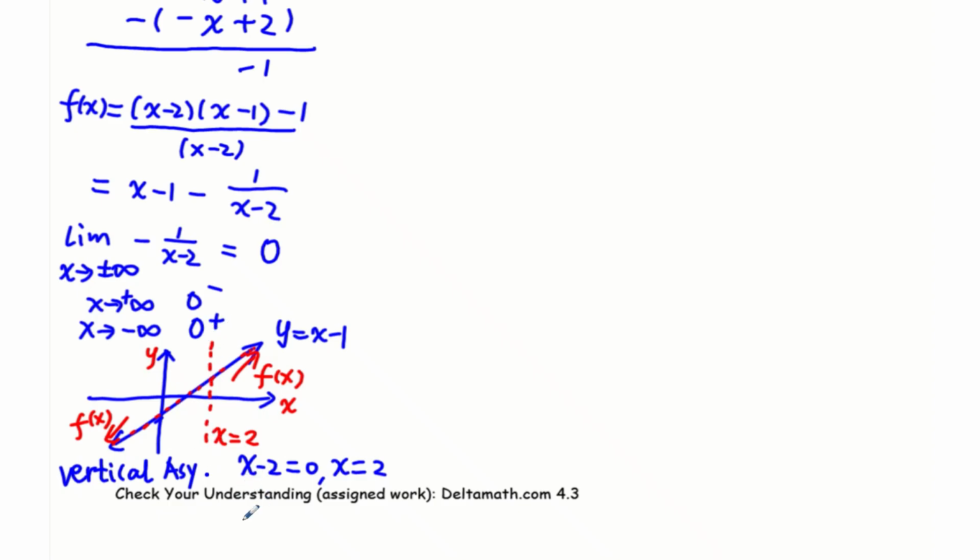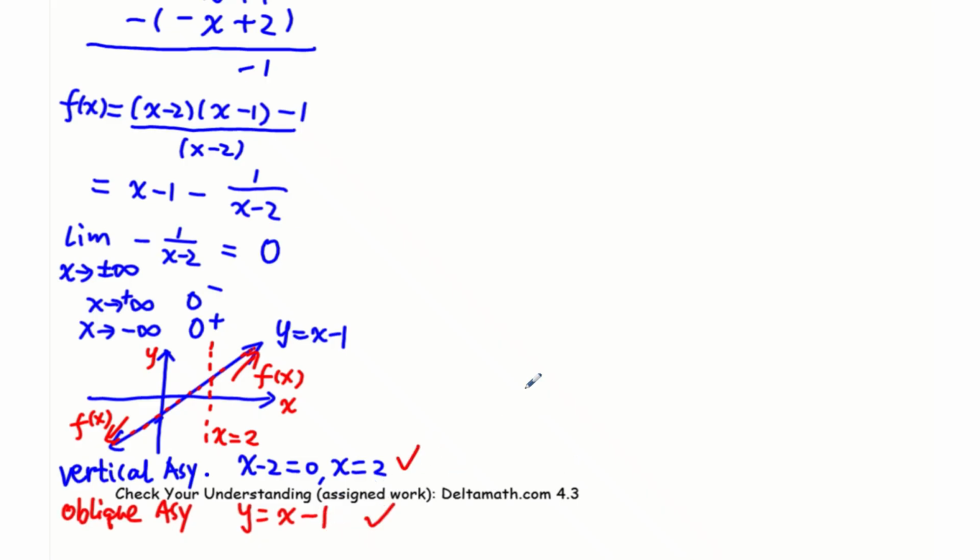But it didn't ask you to find that behavior, so we just write: the vertical asymptote is x equals 2, the oblique asymptote is y equals x minus 1. Then this question is done.